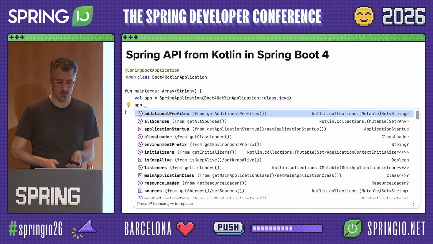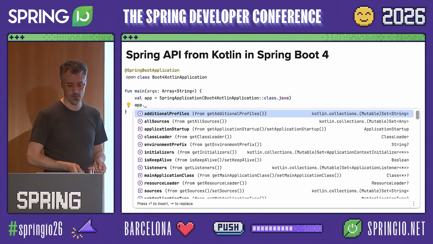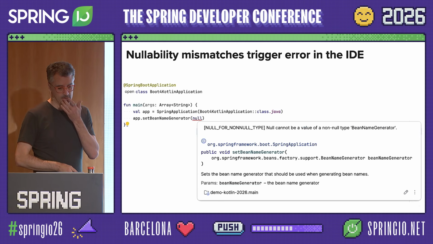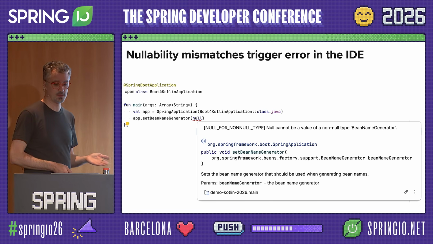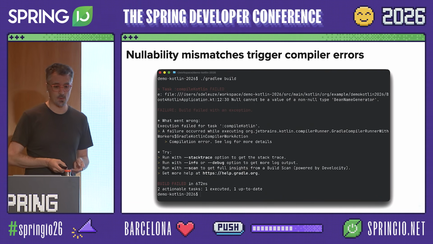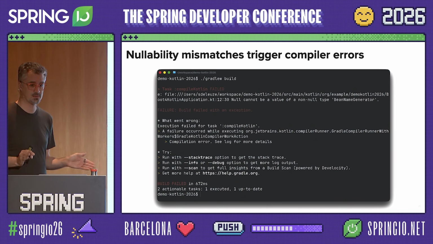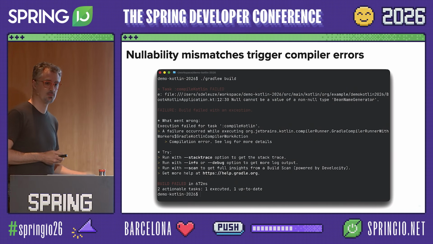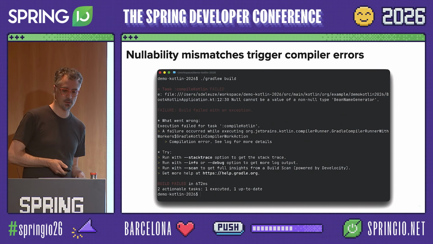And it looks like idiomatic Kotlin code. So that's a big change for Kotlin developers, I think. When there is a nullability mismatch, it will trigger an error in the IDE. You also get compiler errors if you are not complying with the nullability, and everything is safe. You are not at risk anymore of having a null pointer exception in production if you are using Kotlin and Spring Boot 4.